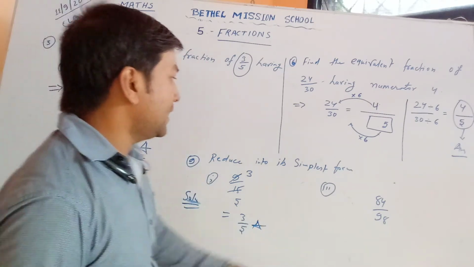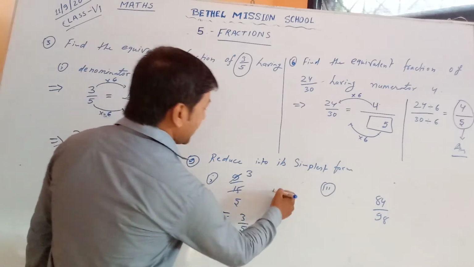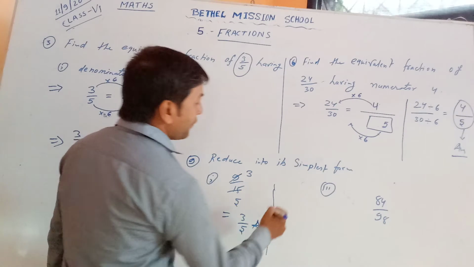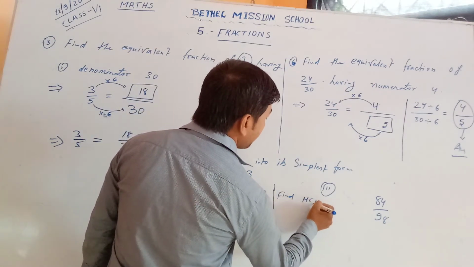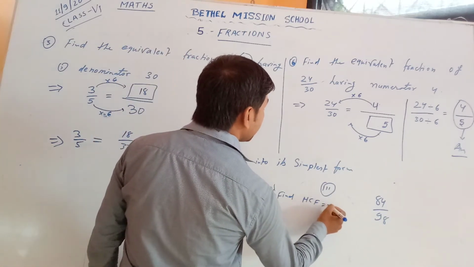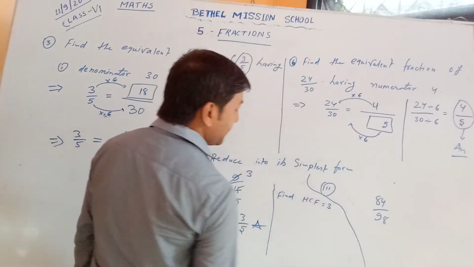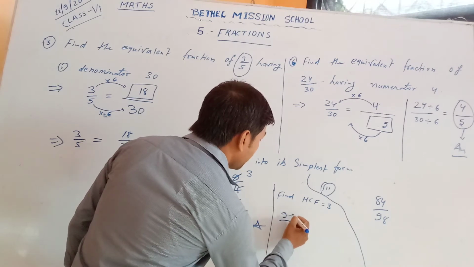And also here 84 upon 98. Or if you want to know another method, then find the HCF. Find first the HCF. For 9 and 15, the HCF would be 3. Then by 3 you can divide both.